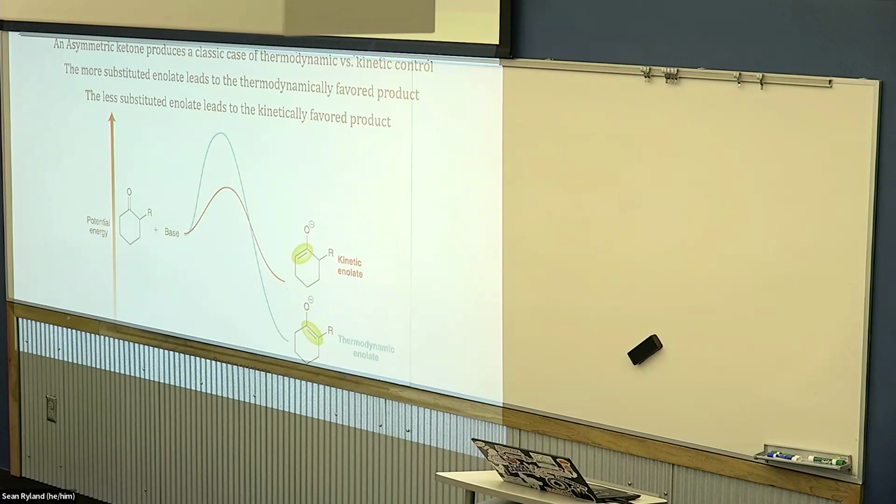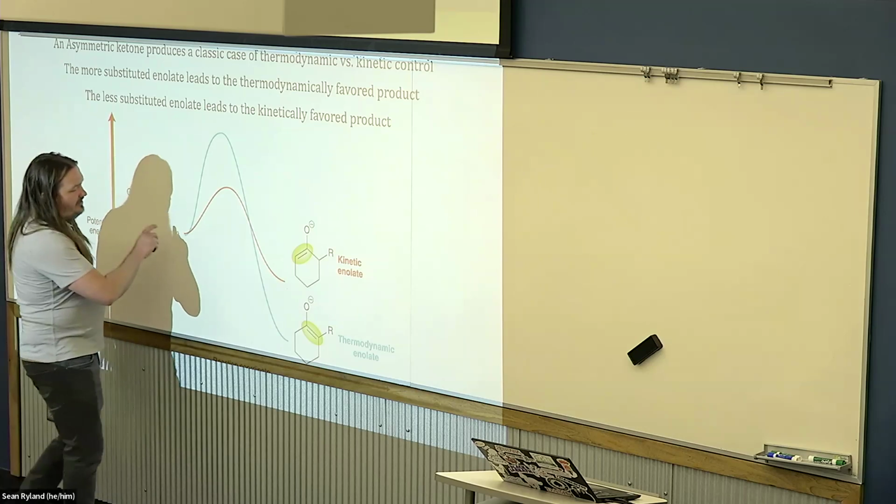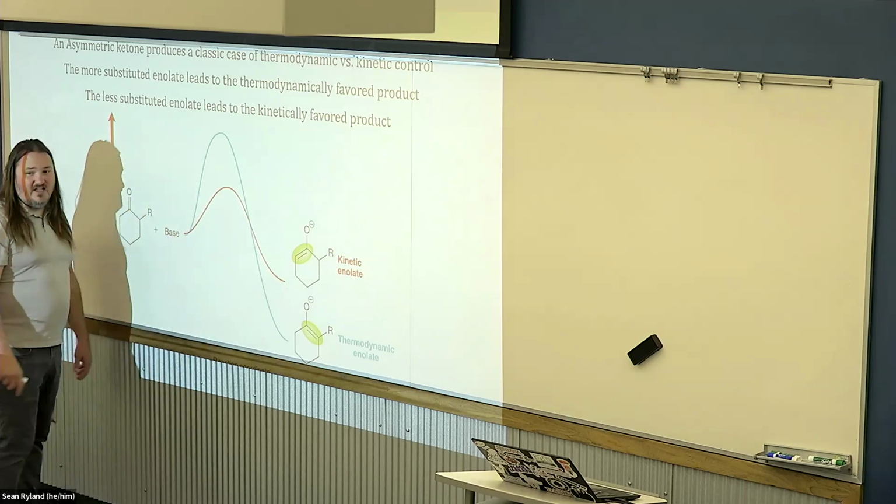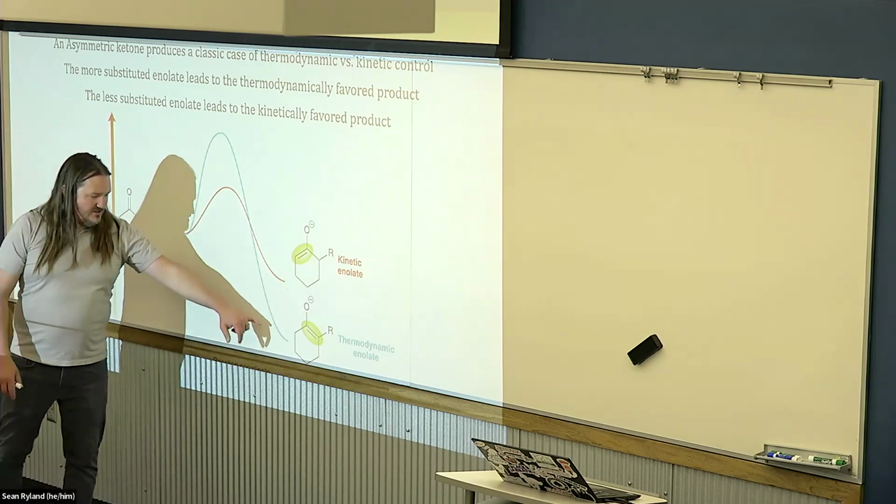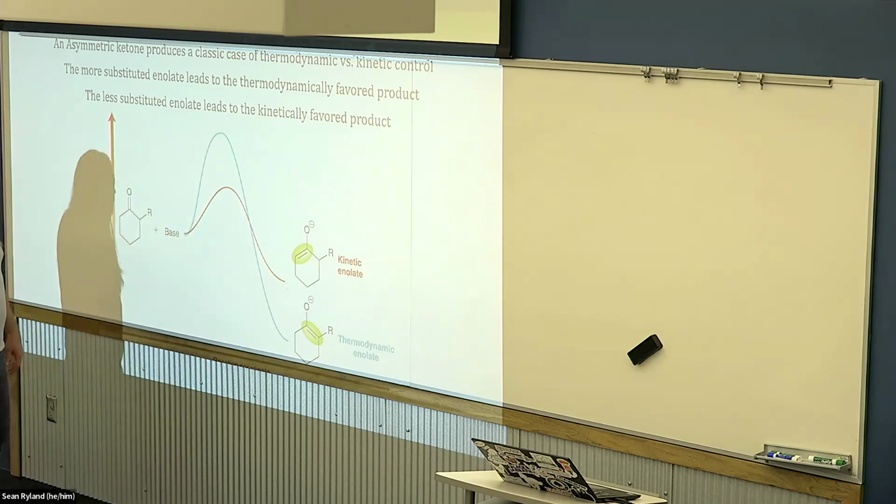And so, a reminder about kinetic versus thermodynamic. Does high temperature favor kinetic or thermodynamic? High temperature means everything has enough energy to go back and forth as much as necessary until it gets to the lowest possible energy state.